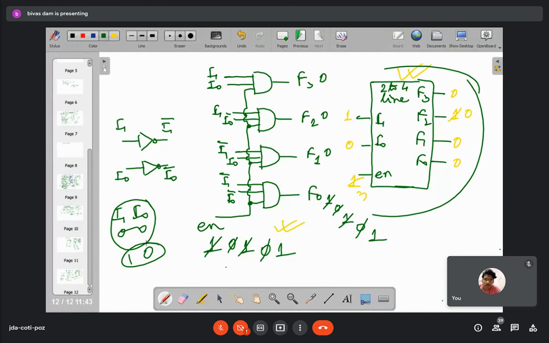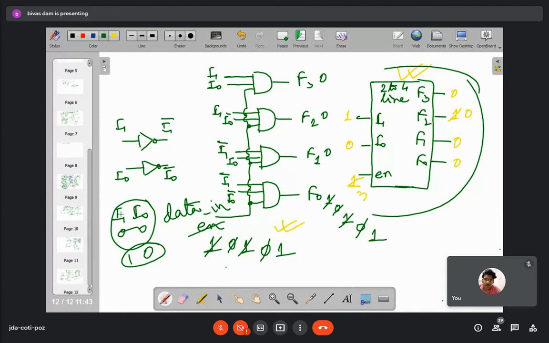So এবার enable input নামটা যদি পাল্টে data input বলি, in that case what is happening? As if this I1 I0 is acting like one control input pattern.